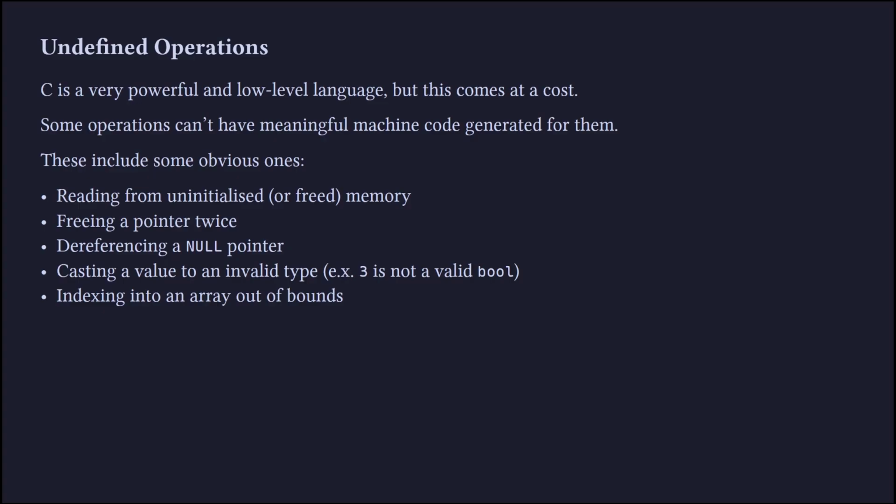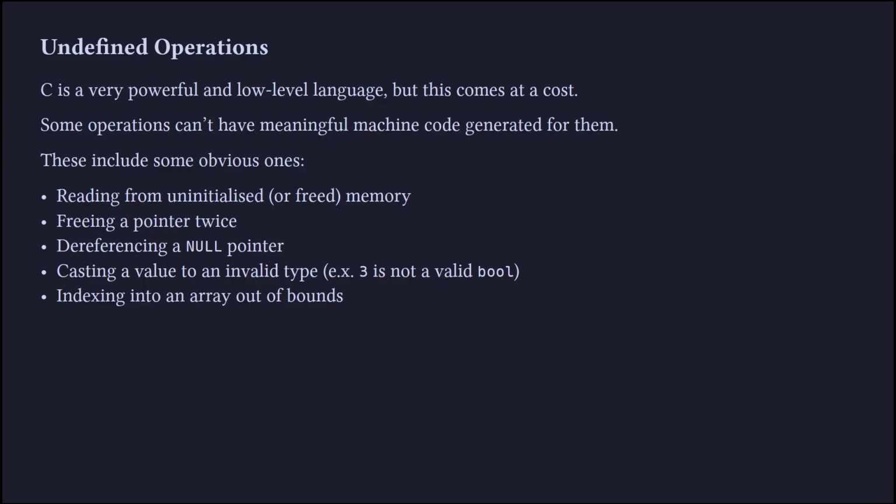Another one is casting to an invalid type. I mentioned earlier that working with bool has some caveats. It's not just a char. It's a char with a couple of assertions about what value it can be. It has to either be a 0 or a 1. If you cast an integer 3 to a Boolean value, that's not valid.